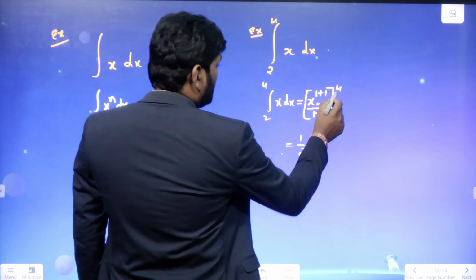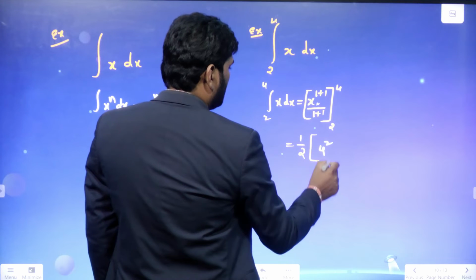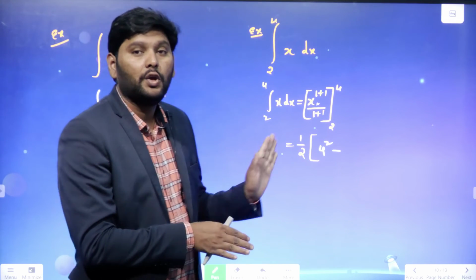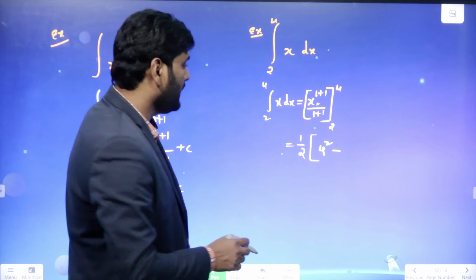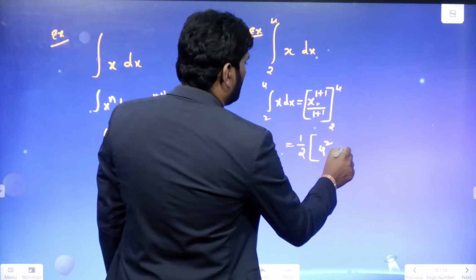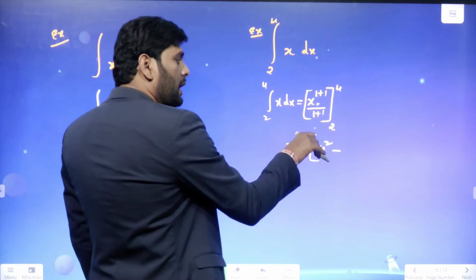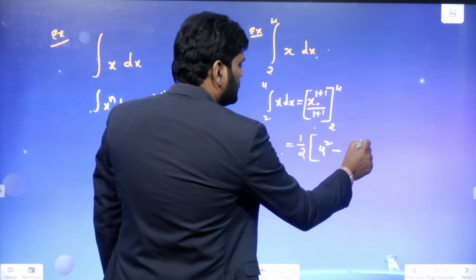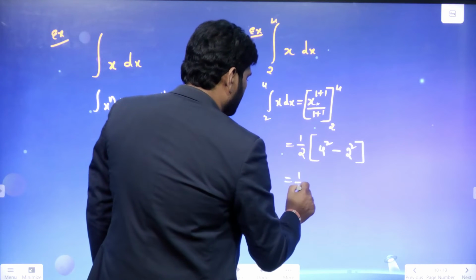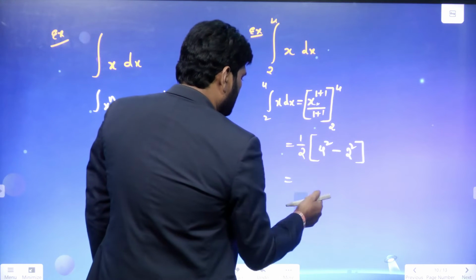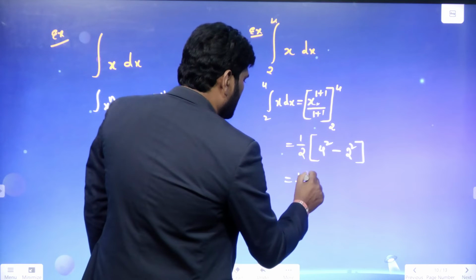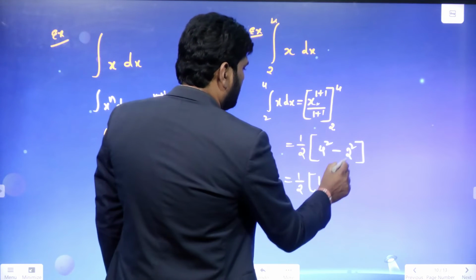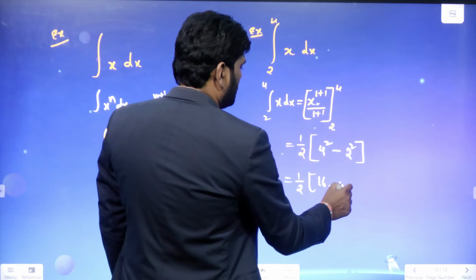So what is x here? 4. 4 square, minus. After applying the upper limit, you must subtract the lower limit. The lower limit is 2, which you apply instead of x. So 2 power 2. Finally 1 by 2, 4 square is 16, minus 2 square is 4.